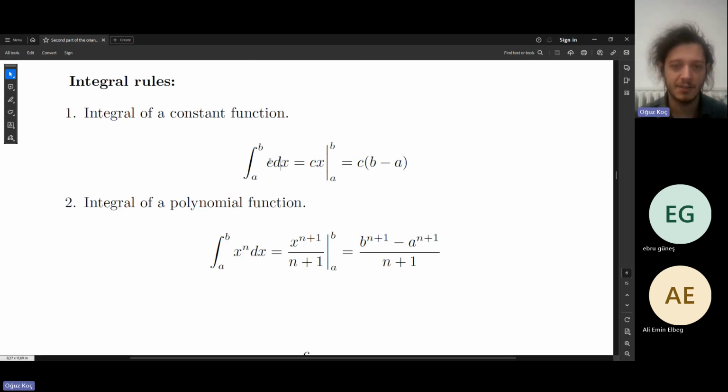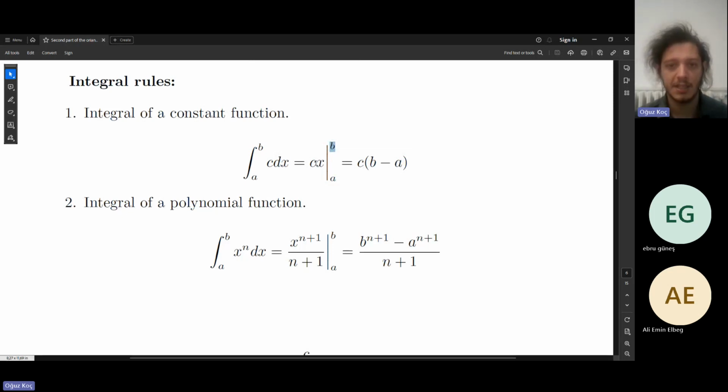And since it's a definite integral, we have the limit points here, and we calculate it as just putting those values into the x here.